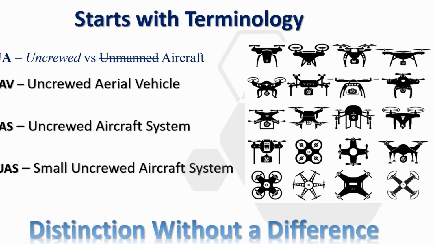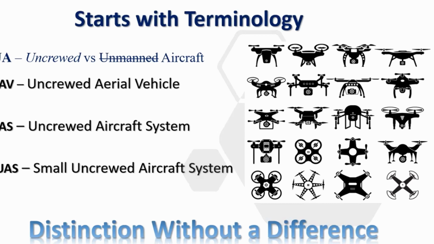The reason I put that this is a distinction without a difference is simply because it's just a drone. Most of them fly off of the same type of platform. They have the same sorts of payloads. They have the same limitations and capabilities, which makes them pretty useful in a lot of different situations.